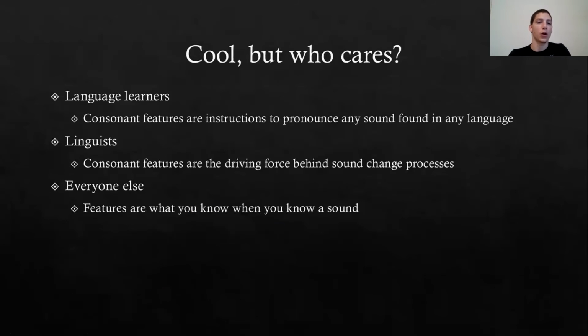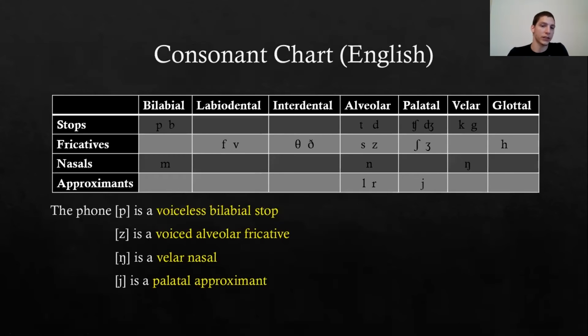Okay, so all of that seems fun, neat, great, but really, who cares? Why does this matter? And the reason that this matters is there are certain groups of people that these things matter for. So for example, if you're interested in learning languages, you should care about consonant features because the fancy names for consonants like voiceless bilabial stop, those are actually instructions for how to produce that sound.